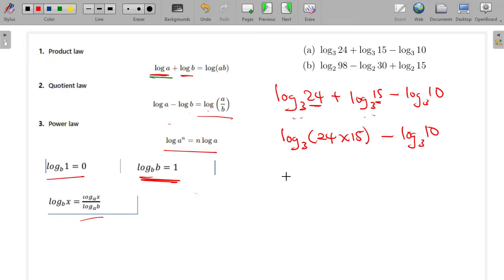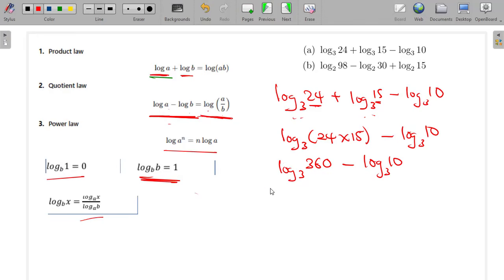So what is this going to give us? Log base 3 of 24 multiplied by 15, which gives us 360. So this here is going to be 360, minus log base 3 of 10. Now we have to apply the rule for subtraction. If there's a minus, we make a quotient.